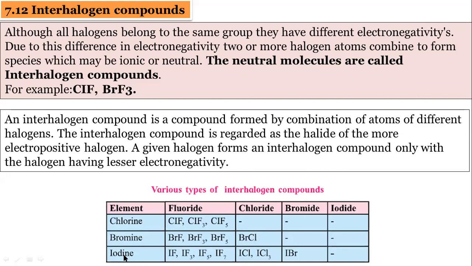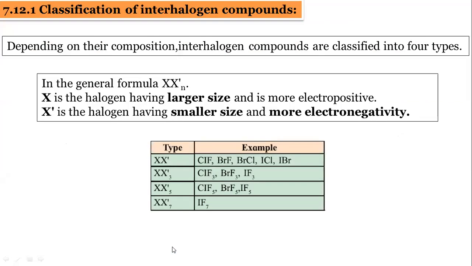Then iodine has the interhalogen compounds IF, IF3, IF5, IF7, ICl, ICl3, IBr. The electronegativity of iodine is very low, so iodine forms the maximum number of interhalogen compounds, because it has very low electronegativity and fluorine has the higher electronegativity.